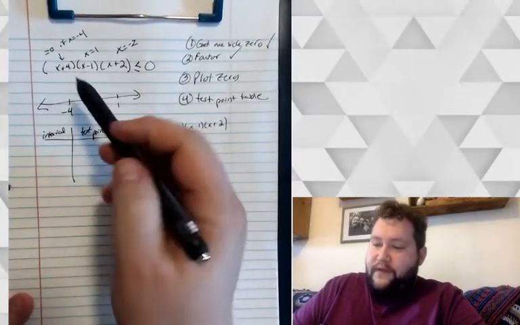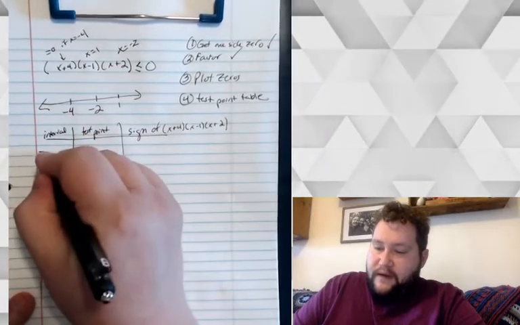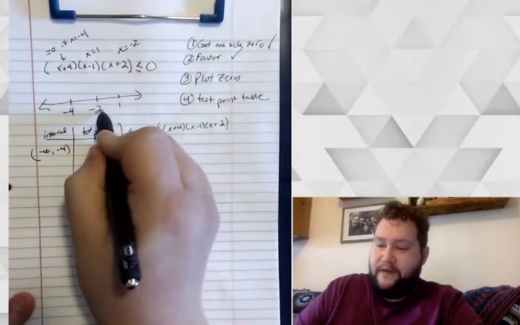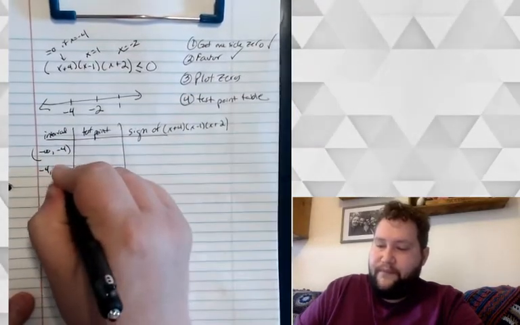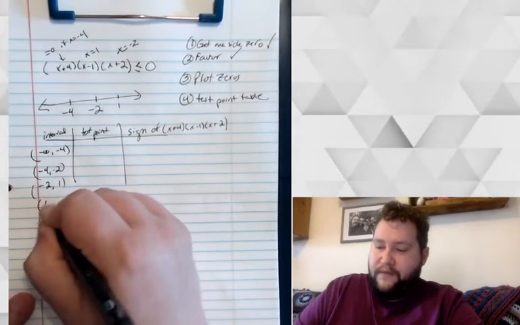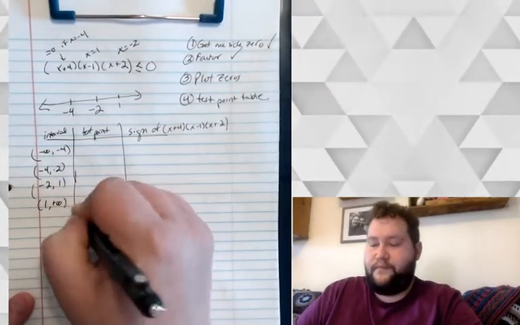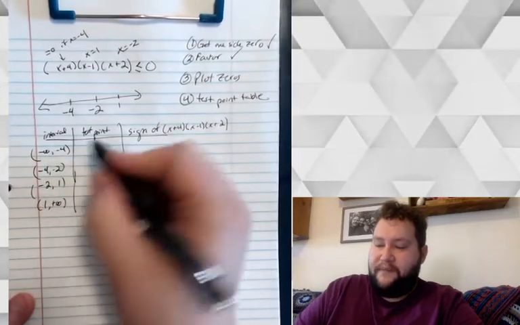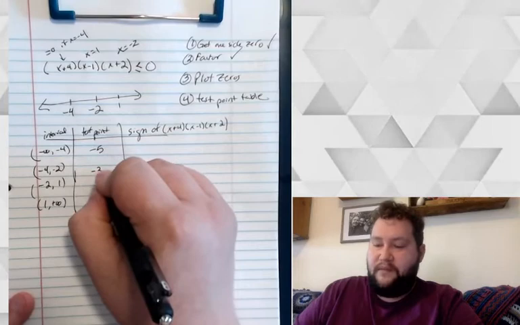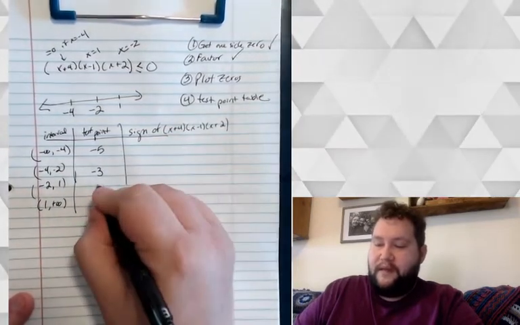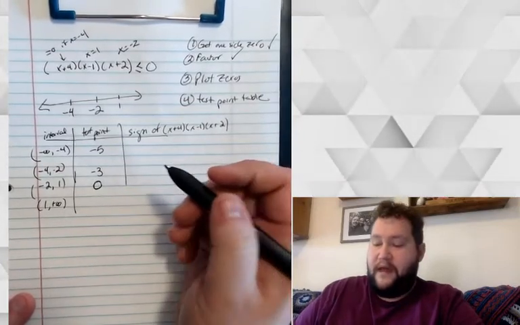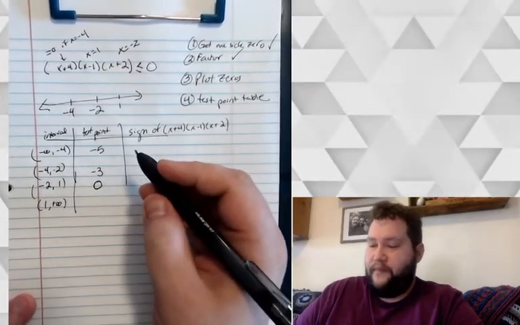I have this first interval from negative infinity to negative 4, and then from negative 4 to negative 2, negative 2 to 1, and then 1 to positive infinity. A test point here, negative 5, then between negative 4 and negative 2 we'll use negative 3, and between negative 2 and 1 I pick 0. Whenever I can pick 0, I'm going to pick 0 because it tends to be easy to work with. And from 1 to infinity, you can just pick 10.